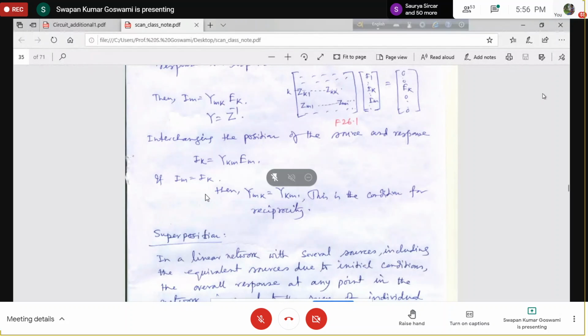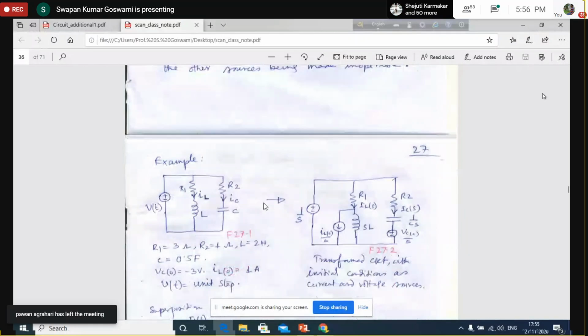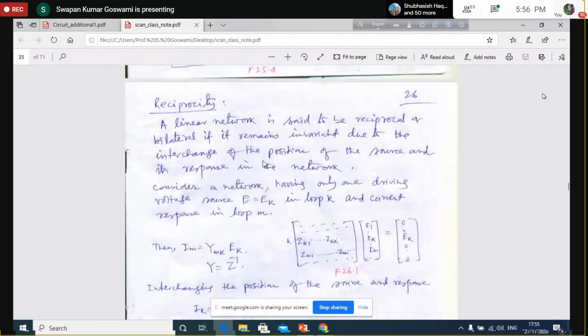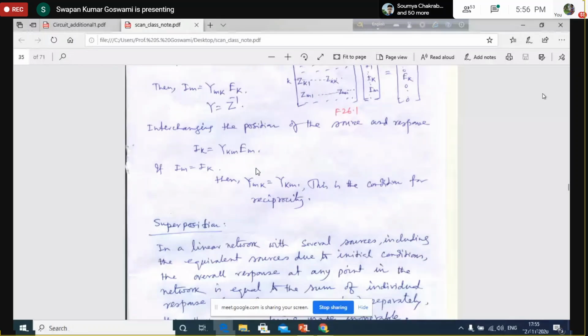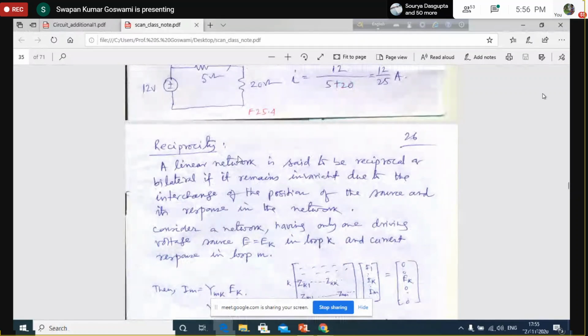Okay. So next, after this, we may now be in a position to consider superposition. Or we can stop here also, no problem. It is better perhaps that you go through some example of a reciprocal network now, because this is completely new.